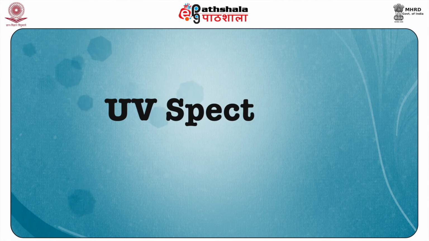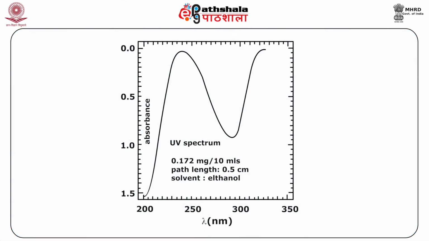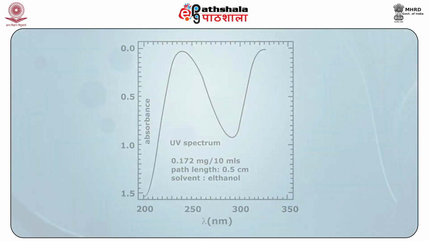From the UV spectrum, the calculation of the extinction coefficient works out to 17267. This high value of the extinction coefficient suggests the presence of extensive conjugation in the molecule.